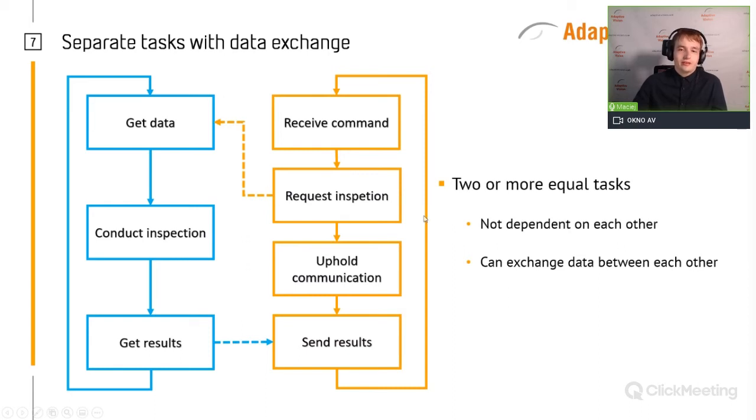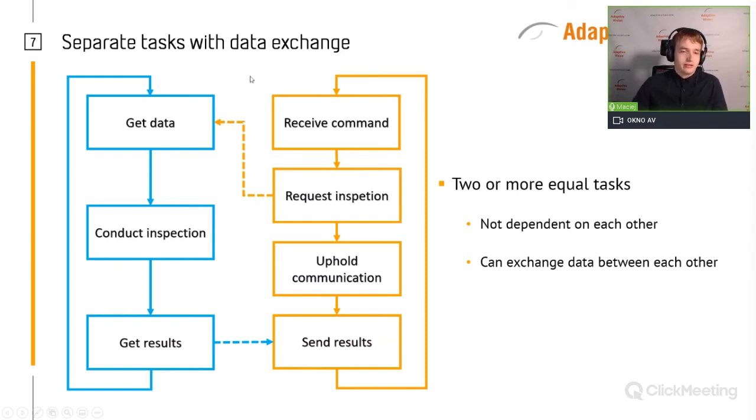But if there is no request for an inspection, nothing is being done. Orange thread will also do some other things that will not be related to the blue thread. And if the blue thread, in the meantime, sends some result about inspection, it will forward the results to the device.